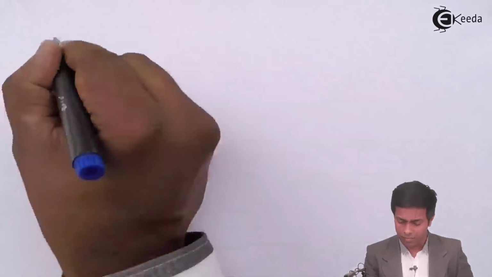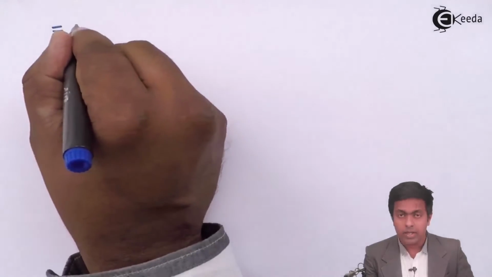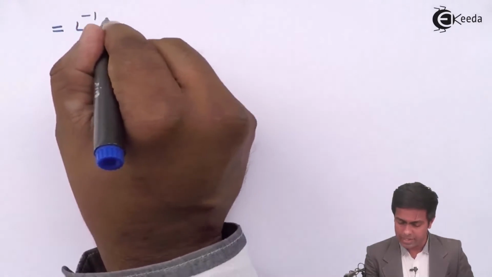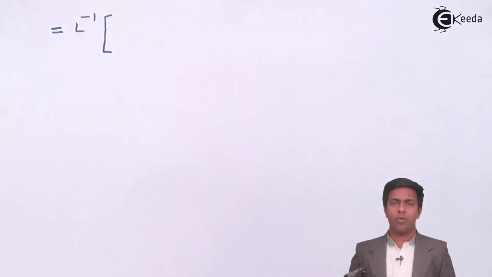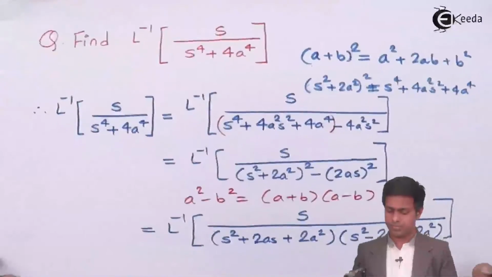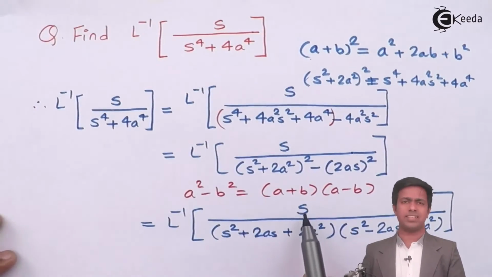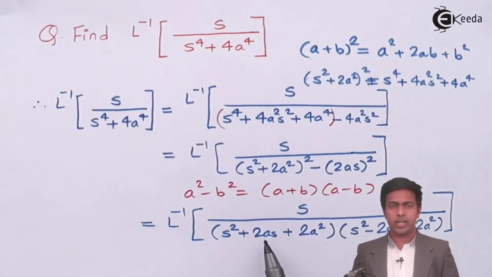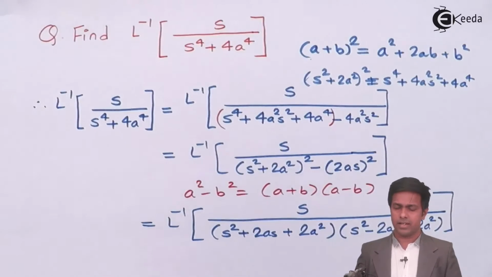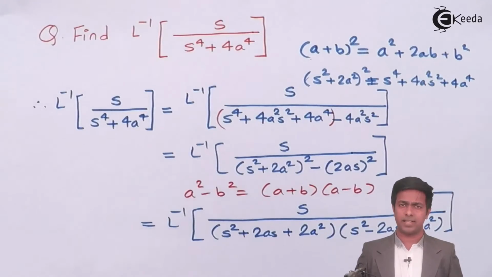So guys, here let's write down that as Laplace inverse of, now these two terms in the denominator I want, and in the numerator I just want s. So guys, what we'll do is we will write down these two terms there by separating them with plus sign or minus sign.